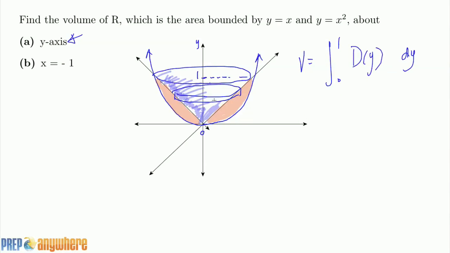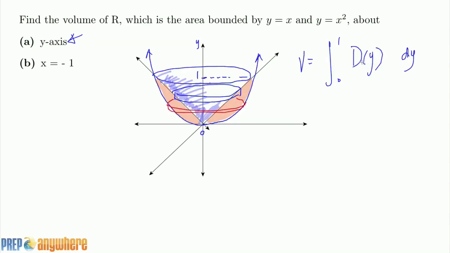Now this is another example where we have to subtract, so we rotate about the outside, and we subtract the disk inside. That's the outside one, and the blue one is the inside one.